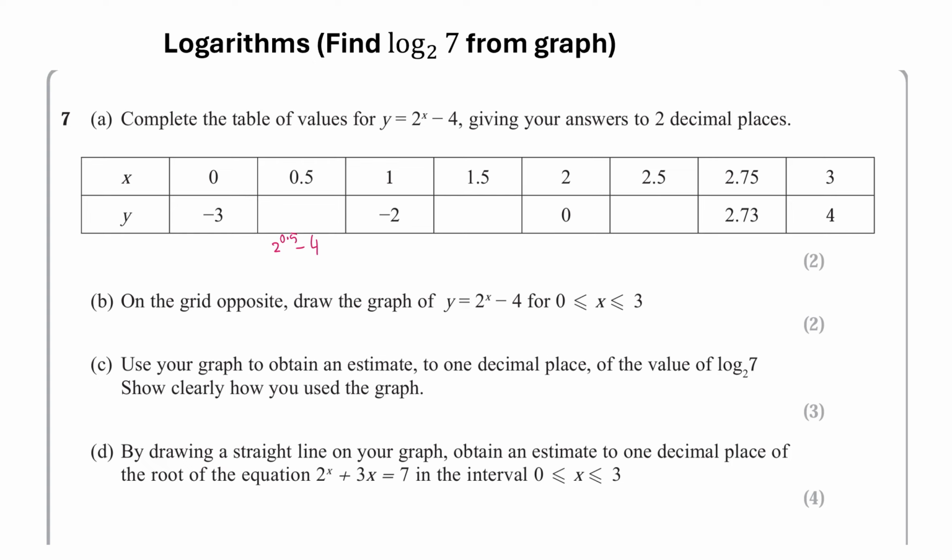It's minus 2.59. And then x is 1.5, so that's 2 to the power 1.5 minus 4, which is minus 1.17.